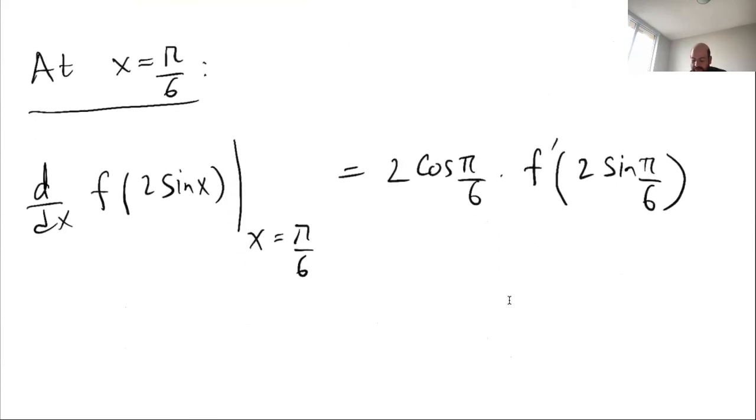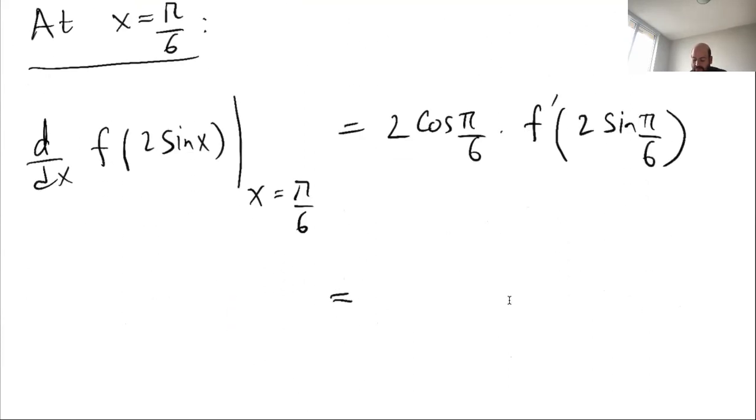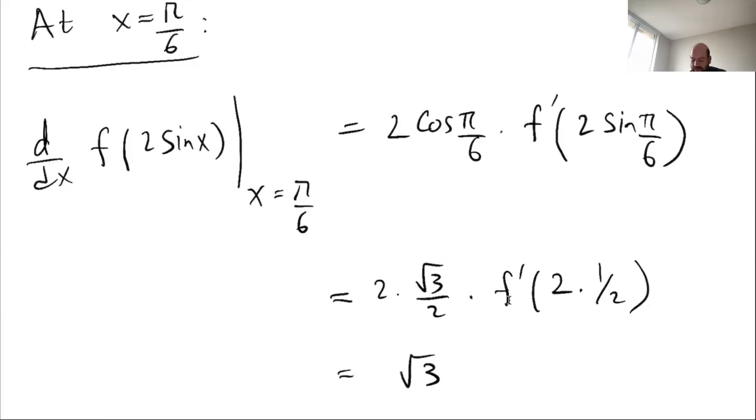How much is that? 2 times root 3 over 2 times f prime of 2 times sine pi over 6, which is 1/2. So this is root 3 times f prime of 1.